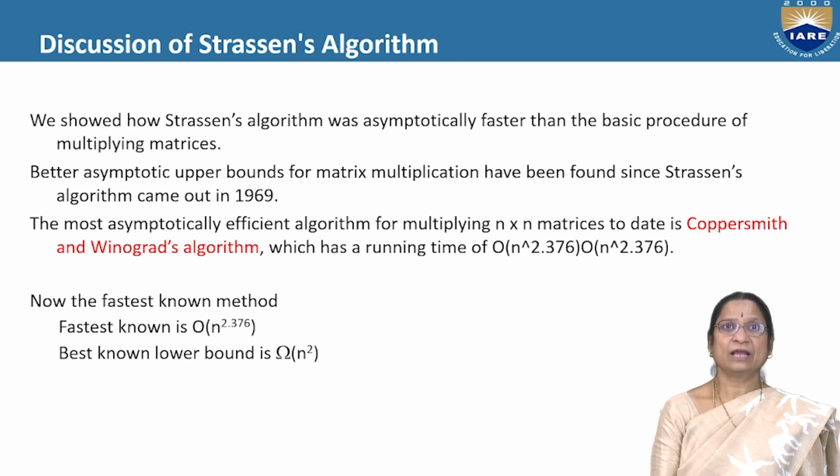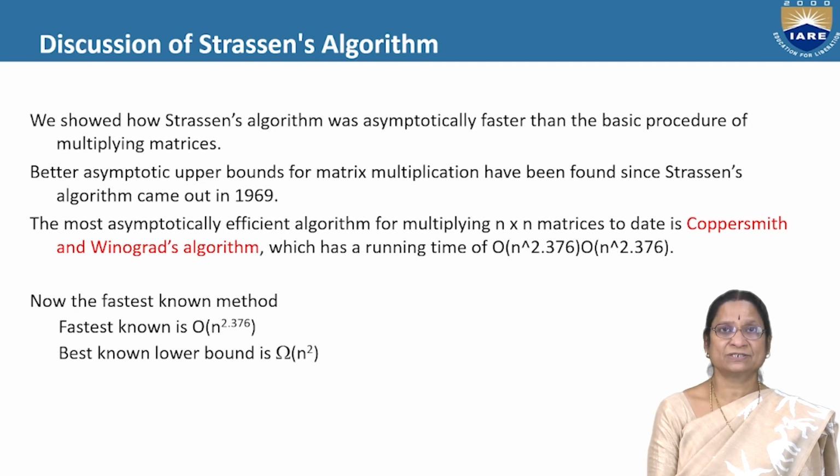Better asymptotic upper bounds for matrix multiplication have been found since Strassen's matrix multiplication was given in 1969. From there onwards, researchers have been working to reduce the time complexity of matrix multiplication. Some better results are also out.